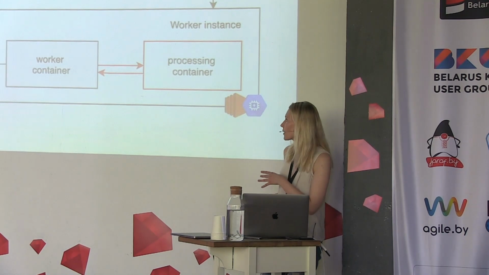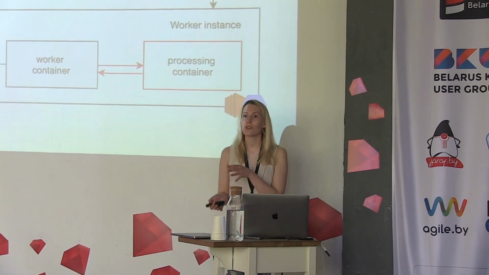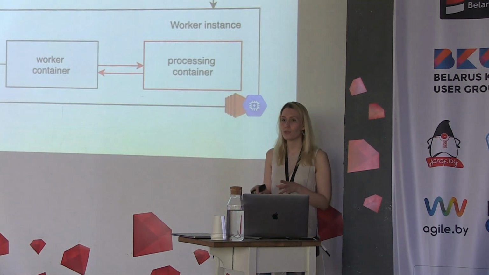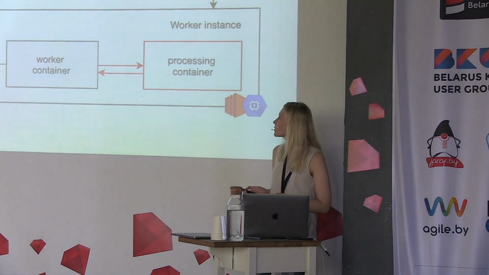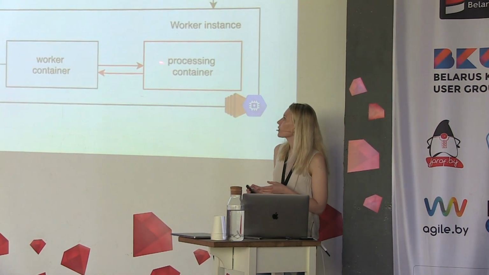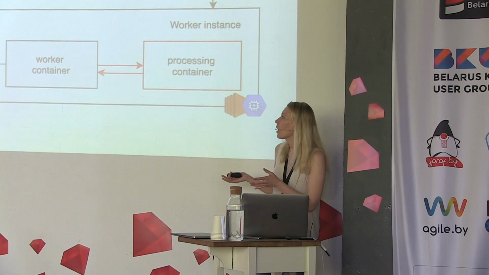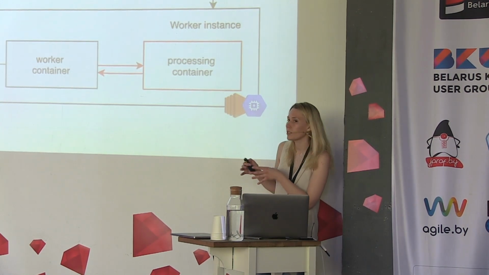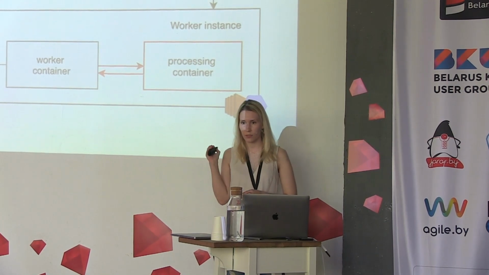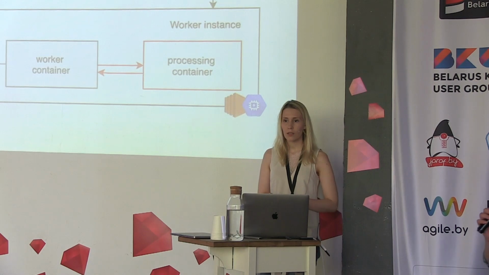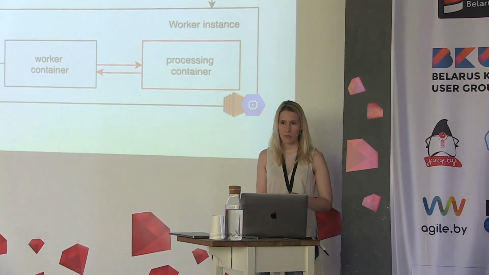So I use the worker container, which does all the unnecessary stuff not related to actual calculations. Then it launches the processing container. The processing container runs with one command, which is actually the processing. And when it finishes, it just scales down. The container just finishes its run.